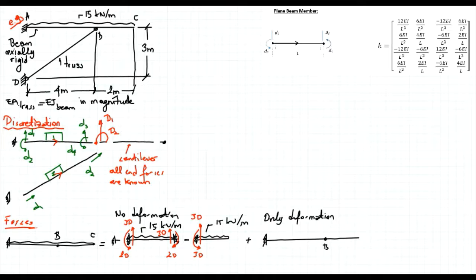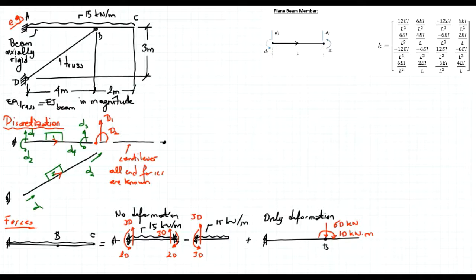I got shear forces 30 plus 30 in the upward direction, so I should have the same force in the downward direction. This is 60 kilonewtons. I have a counterclockwise moment 30, a clockwise moment 20. So here I should have a clockwise moment that's equal to 10 kilonewton meters.